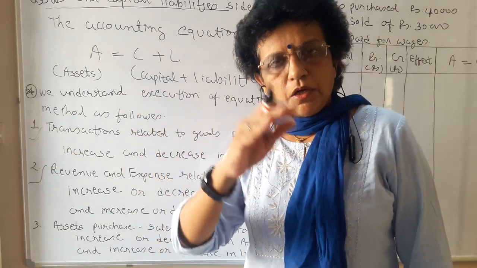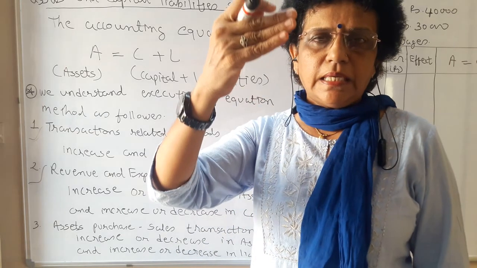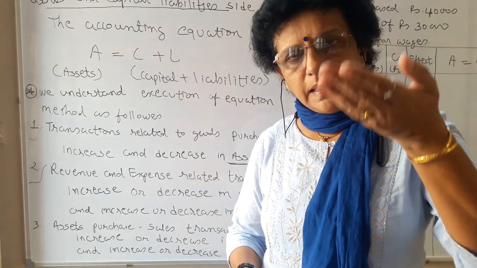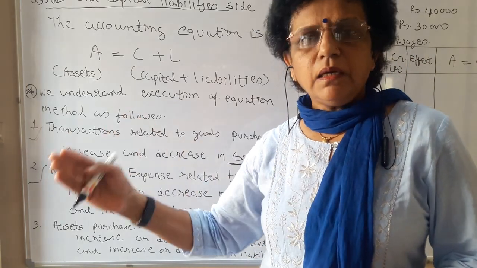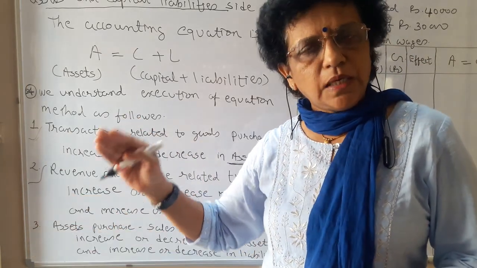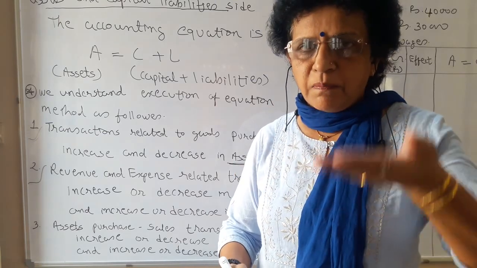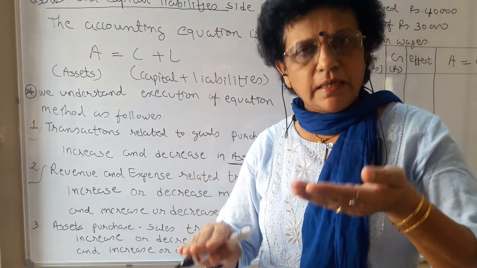So on your asset side there will be an increase or decrease. If it is rent received, cash will increase. If you pay the salary, your cash will decrease. So according to the transaction, the asset may increase or it may decrease.